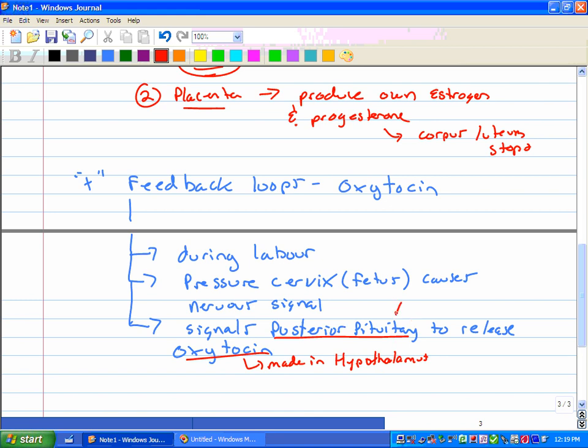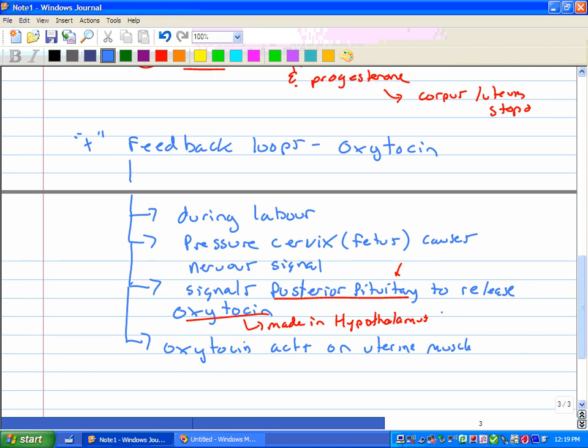So it's kind of like the gallbladder, right? It didn't make anything, it just stores it. So once that's released, the oxytocin acts on the uterine muscle, and it causes it to contract and causes contractions.